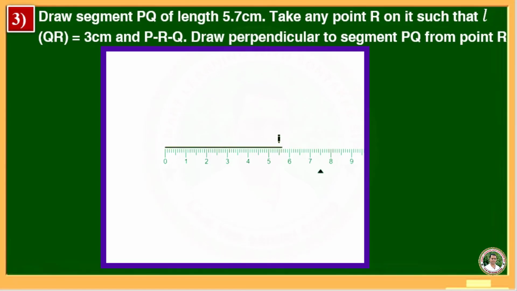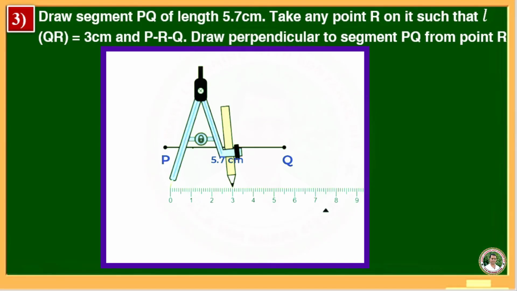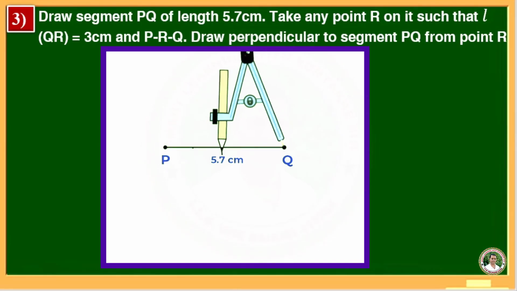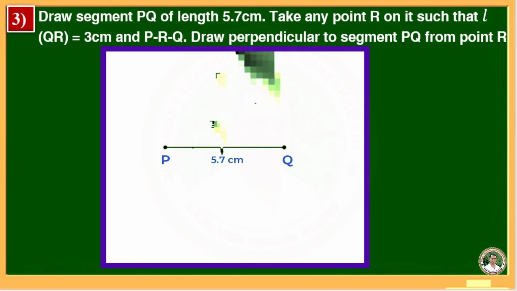First, draw segment PQ of length 5.7 cm and name it PQ and write the distance of PQ is 5.7 cm. Then take a point R on PQ such that in a compass take 3 cm distance and draw an arc on PQ of length 3 cm on segment PQ.